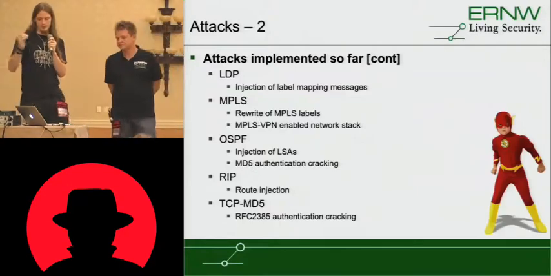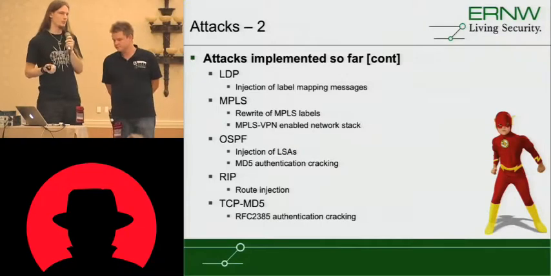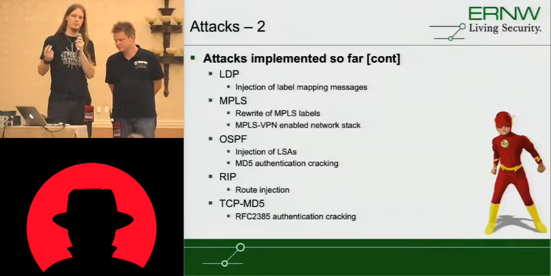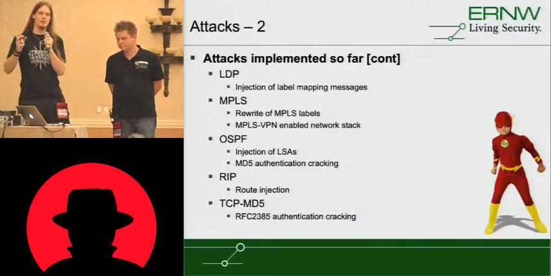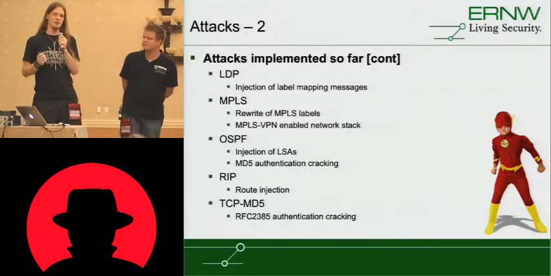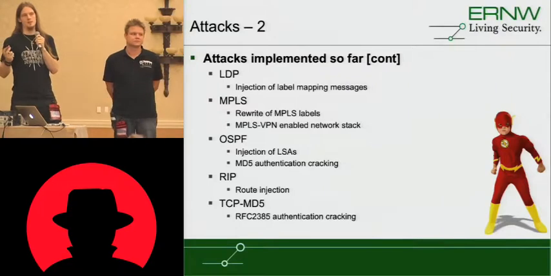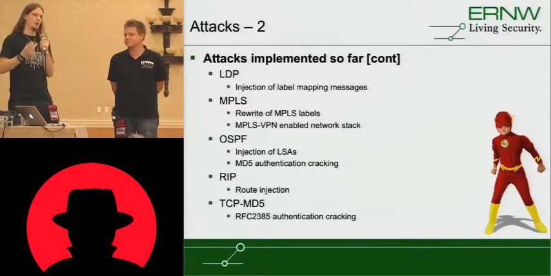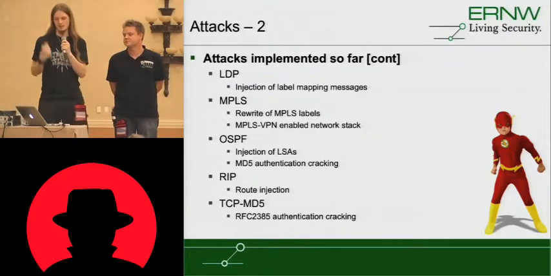So there is another module for the LDP, the so-called label distribution protocol, which is used within big MPLS backbone networks. You can hook into the LDP process and can inject label mapping messages. You're also able to attack some layer 2 over MPLS tunnels and establish your own tunnel and all that fancy stuff that LDP is able to.